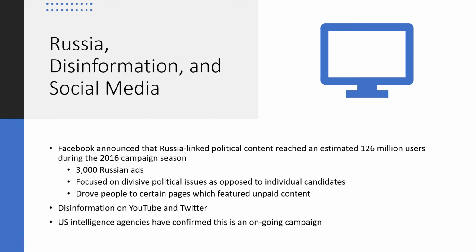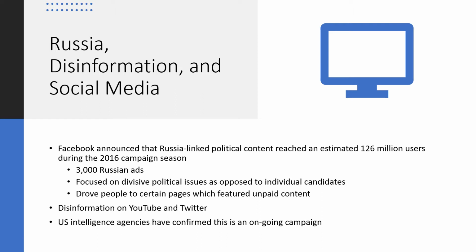So in focusing on disinformation, what we can now talk about is the Russian disinformation campaign on social media during the 2016 election cycle. This has become the classic example of disinformation.